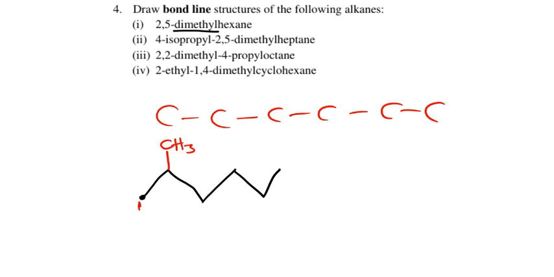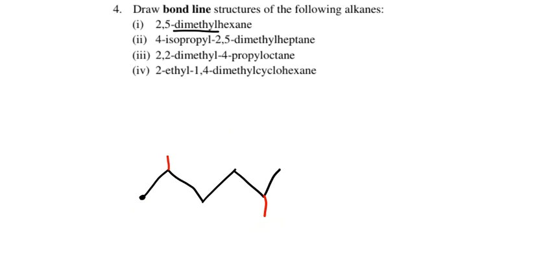And then on position 5 as well, there is a methyl. Okay, so we can actually remove now the carbon and the hydrogen. Just wanted to show you. So this is the skeleton of the bond line structure of the first one. Okay.